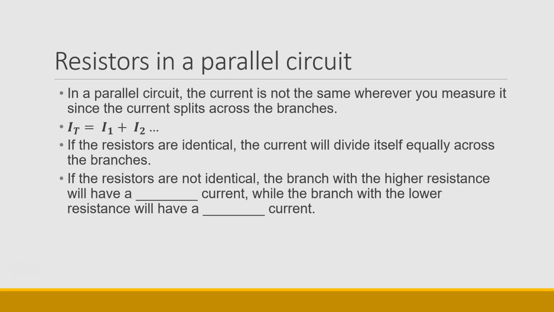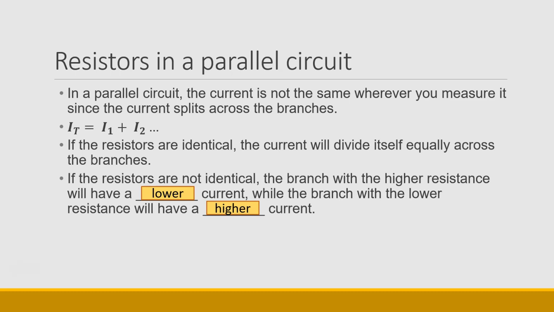Remember that the relationship between resistance and current is inversely proportional. So if I have a branch with a higher resistance, it is going to have a lower current. And if I have a branch with a lower resistance, then it is going to have a higher current.